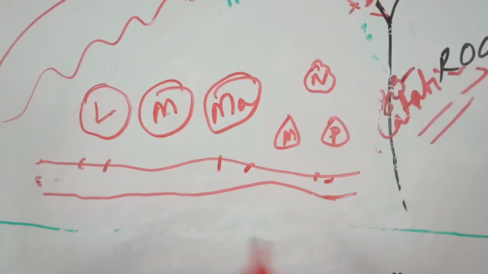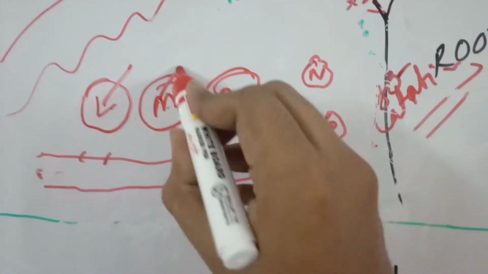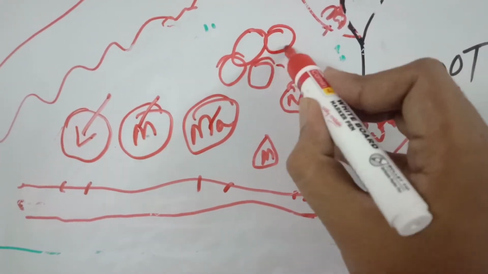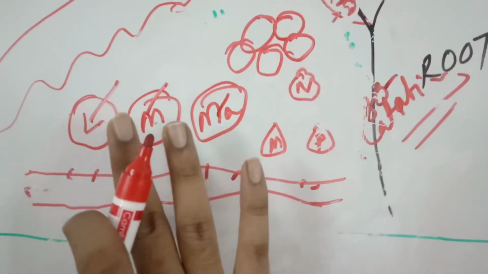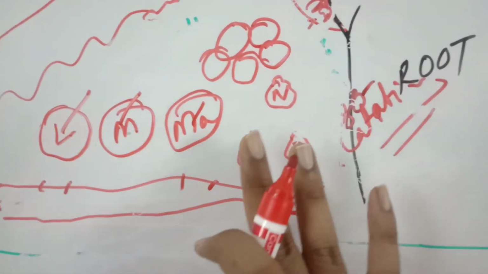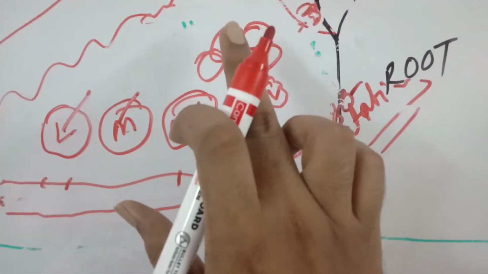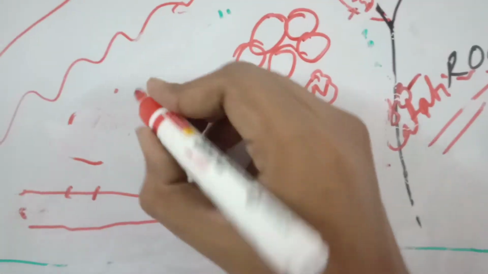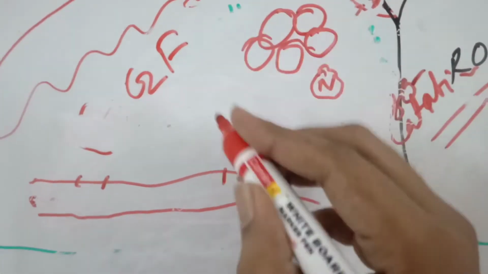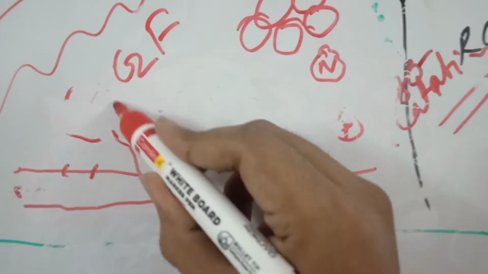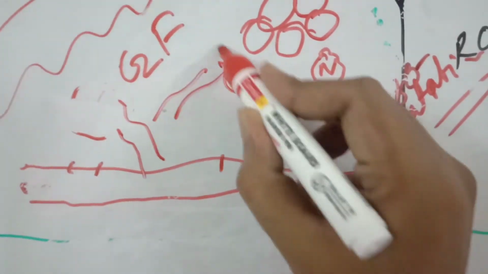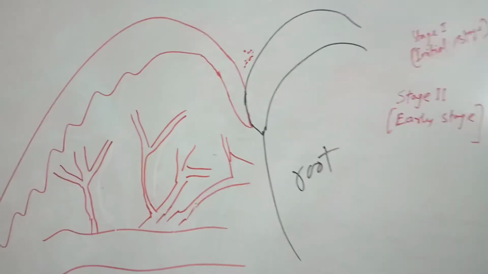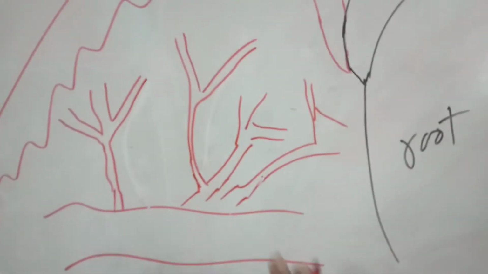What will happen? These lymphocytes, monocytes, and macrophages will accumulate in the connective tissue region. Lymphocytes will predominate in stage 2, and they will secrete growth factor, and growth factor will cause angiogenesis, new blood vessel formation. So there will be angiogenesis in this stage.